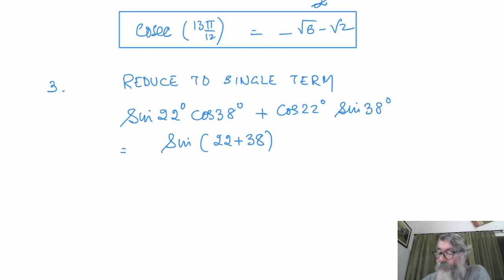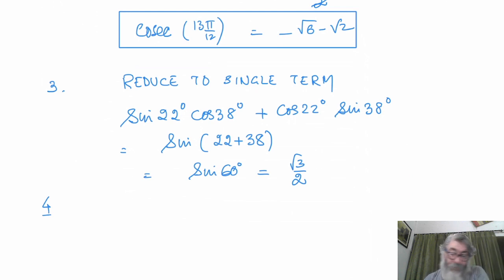It will come out to be sine 60, because 22 plus 38 is 60, and the value of sine 60 is root 3 upon 2. This is a standard value. These are standard values which were taught to you. A table was made for you in the beginning when we started trigonometry.